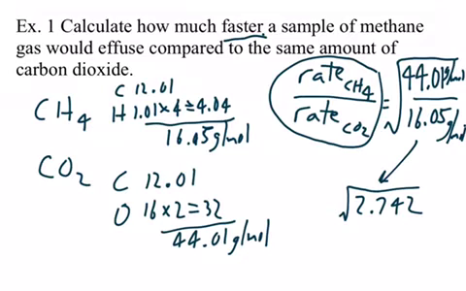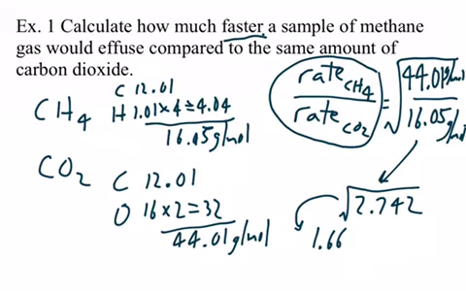But then you got to get the square root. Don't forget to do that. That's the last step. And if we get the square root of that number, you're going to get 1.66. Okay, this is the answer.